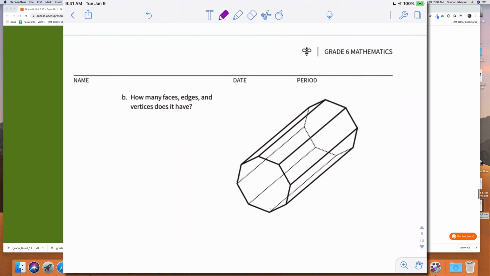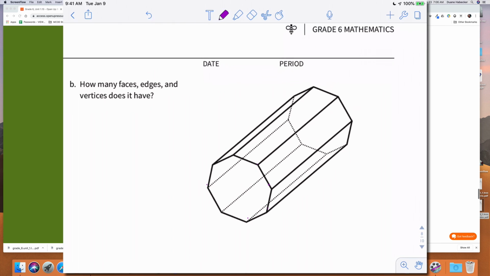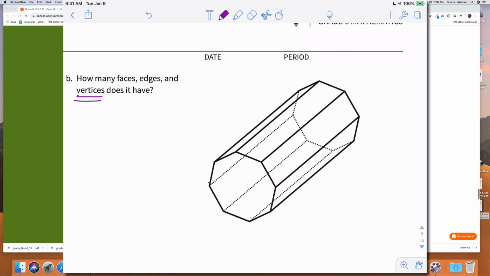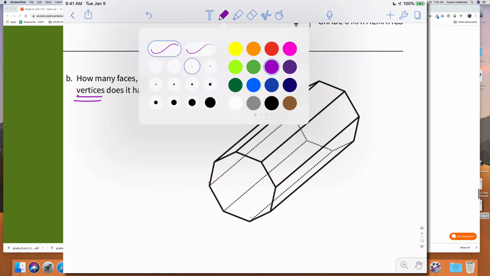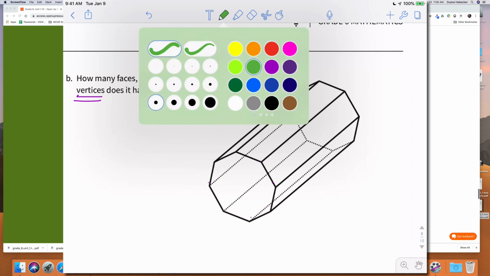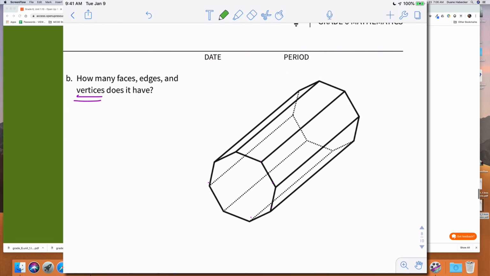Now it says how many faces, edges, and vertices. I'm going to tell you, I have the easiest time counting the vertices. So let's count the vertices. But man, everybody has an opinion, so roll with it. So 1, 2, 3, 4, 5, 6, 7, 8. So there's 8 vertices on that side. It's kind of like a cylinder, isn't it?